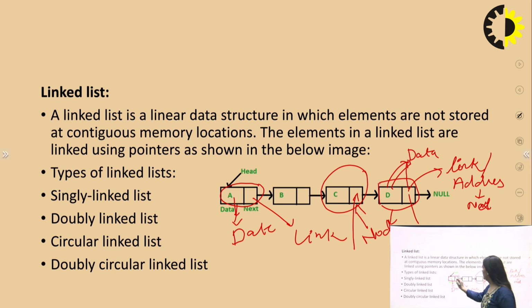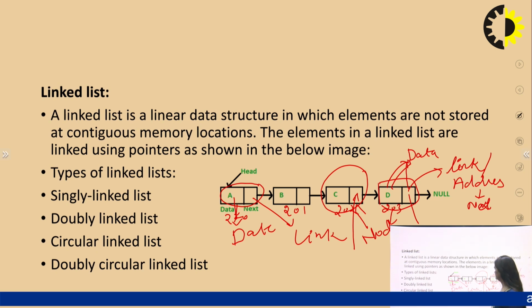Suppose the addresses of the nodes are 200, 201, 202, 203. Then the first node always contains the address of the next node. Means here we store 201, and this field contains the address of the next node.